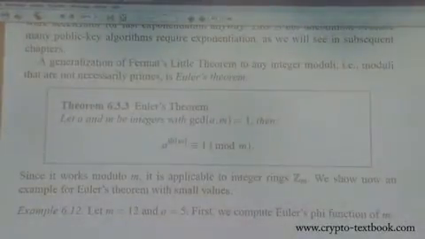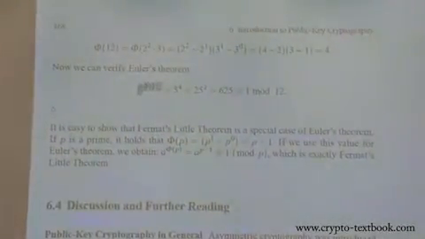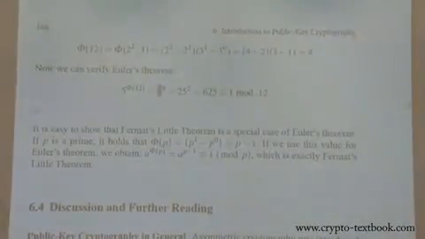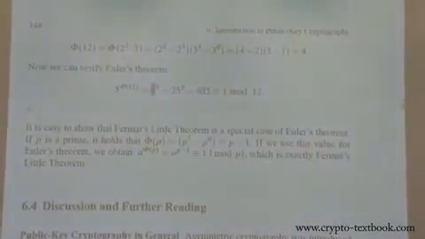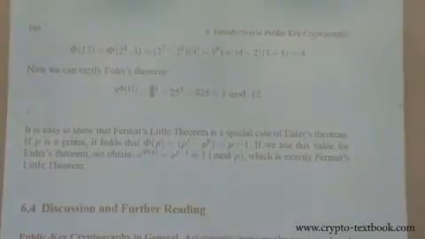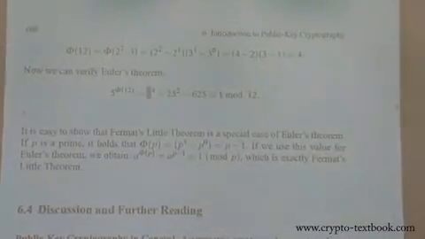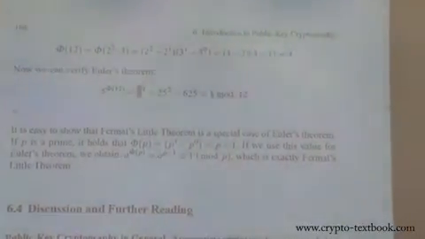And now Euler's theorem tells us a to the phi of m must be 1. Let's look at the result here. a is 5 raised to the phi of 12, so this is 5 raised to the 4th power. It's 25 squared, 625, modulo 12 is 1, okay? So this is what's happening here.